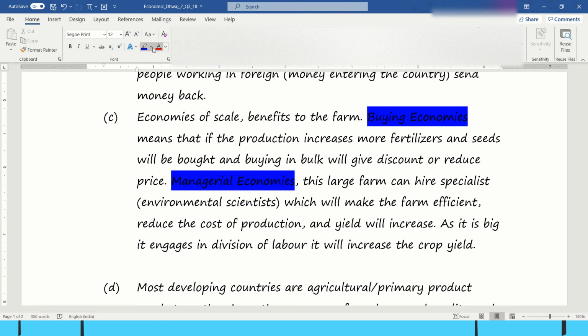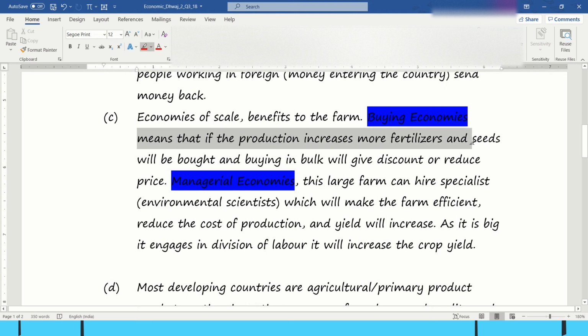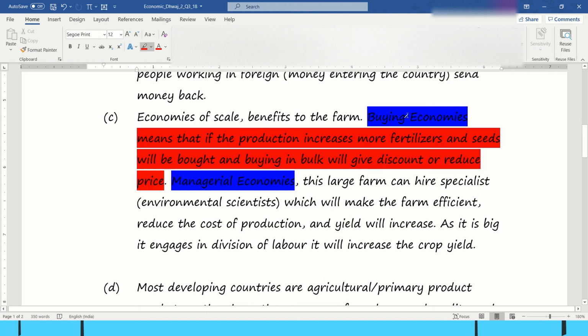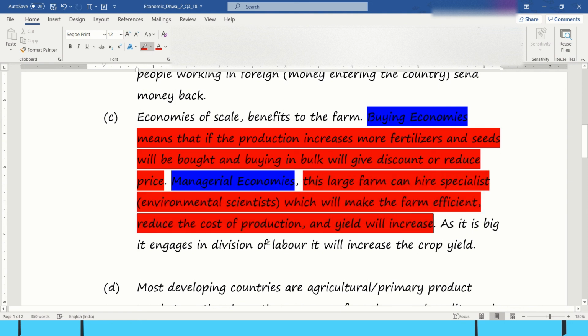Okay, buying economies of scale, and I have developed on that, means that if the production increases, more fertilizers and seeds will be bought, and buying in bulk will give discount or reduce price. So that's buying economies of scale. Managerial economies: this large firm can hire specialists, environmental scientists, which can make farms efficient, reducing cost of production, and yield will increase. As it is big, it engages in division of labor.